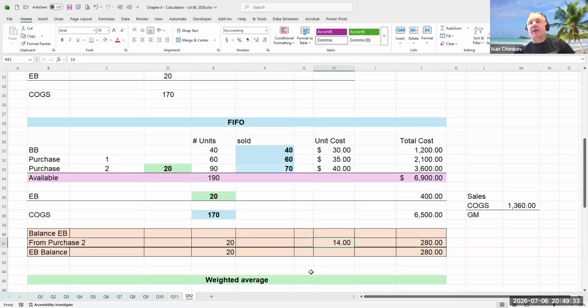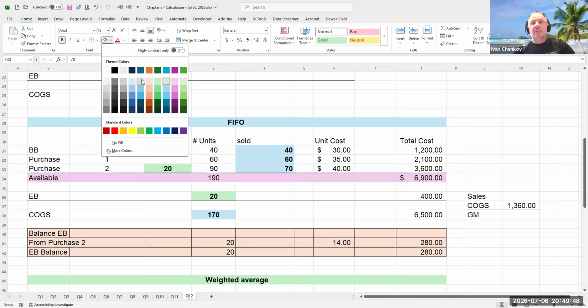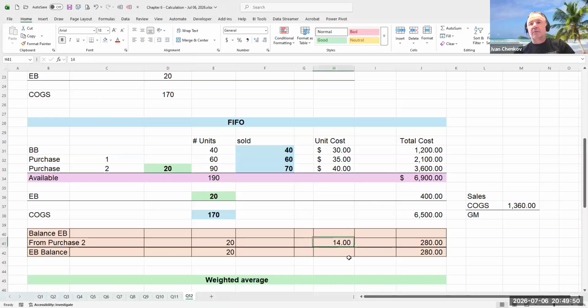And what's the cost of those 20 units? Since they're coming from the last purchase, how much is that cost? $40.